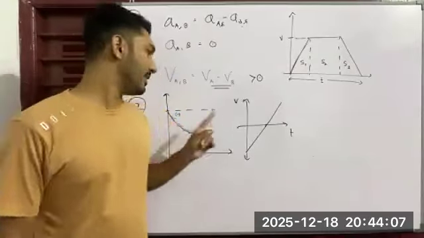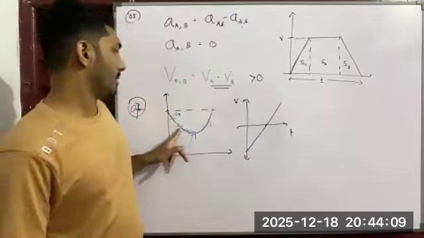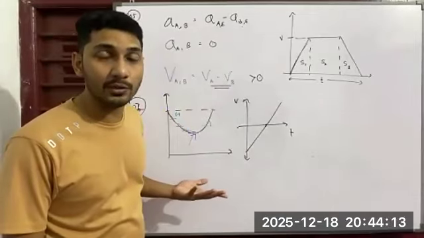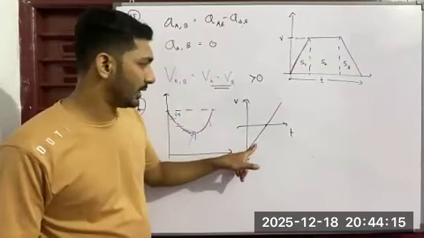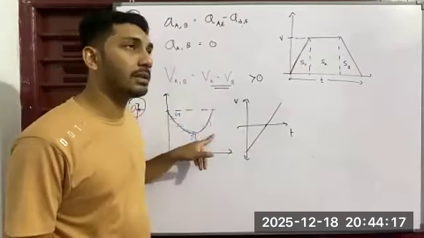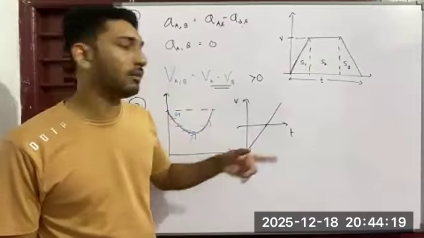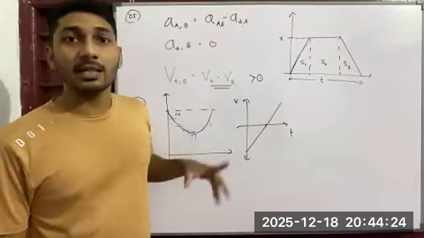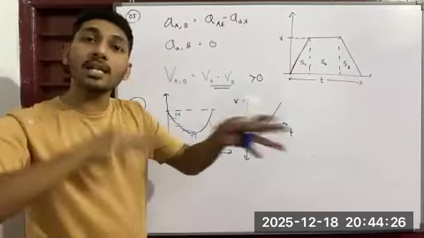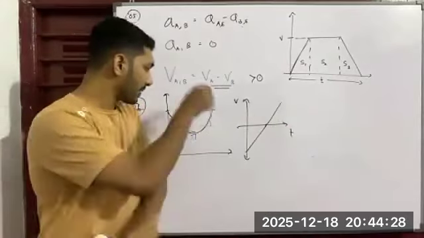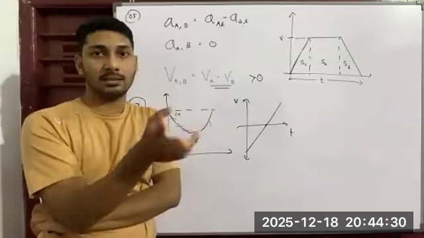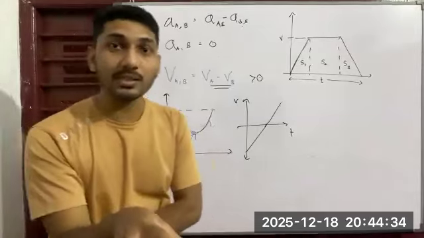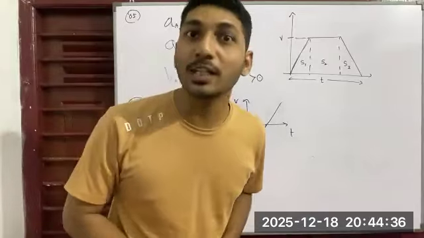Sometimes we say that an obtuse angle has a negative tan value, so we put it on the negative side, and an acute angle has a positive tan value, therefore we put it on the positive side. Even though we say it like that, some people can change the convention. They will take the obtuse angle as plus and the acute angle as minus. If you ask whether that's correct, that is also correct.